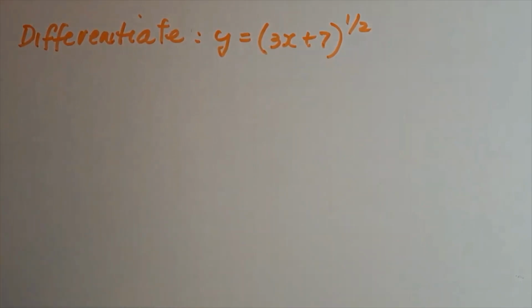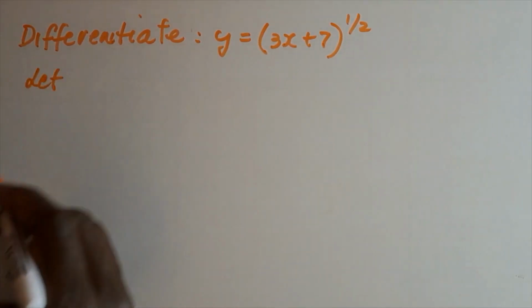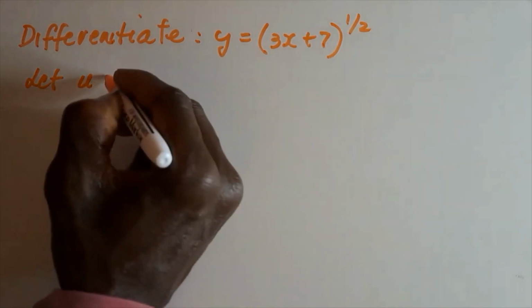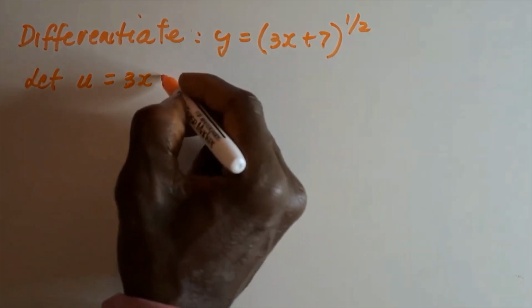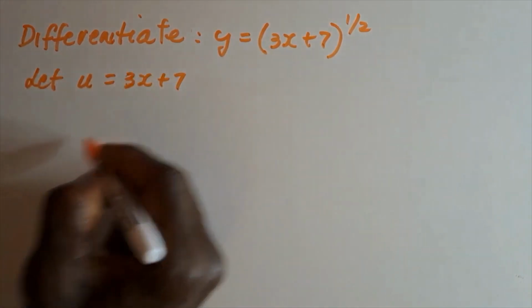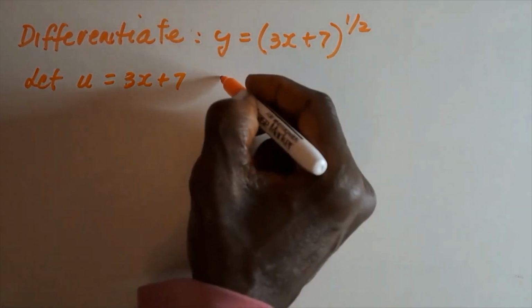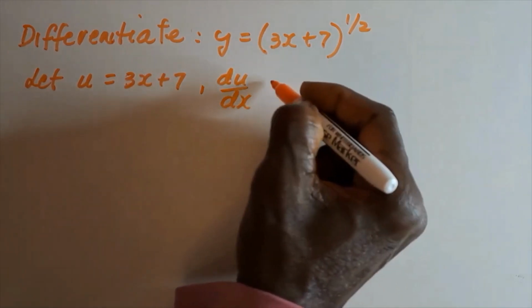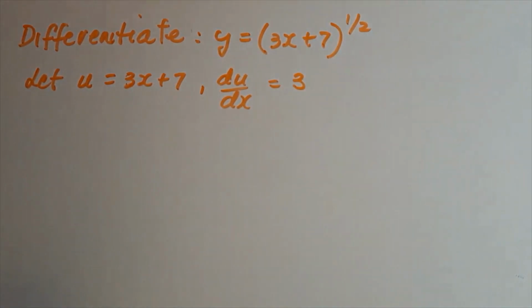This is a fairly straightforward one, but I urge you to get started by assigning variables like this. So let u equal what's in the brackets, which is 3x add 7. So if we find the du dx here, it will be equal to 3.